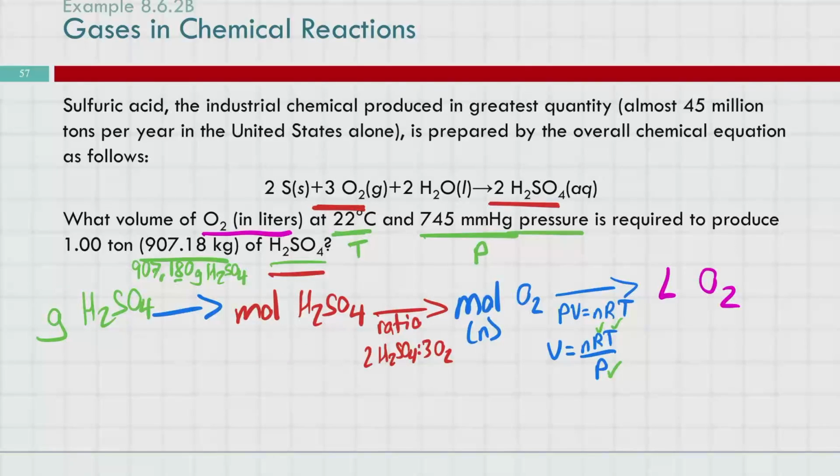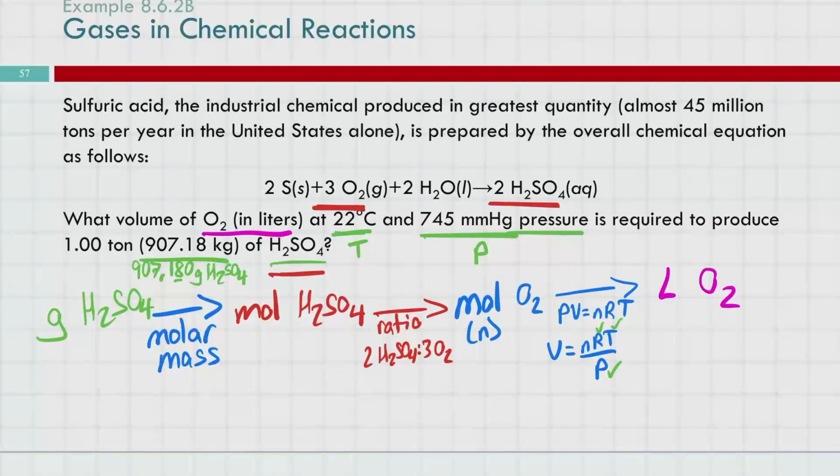What do we need to go from grams to moles, or moles to grams? What do we need? Molar mass. Do we have molar mass? We do not have molar mass.